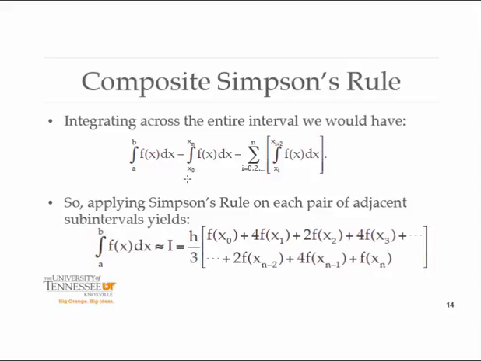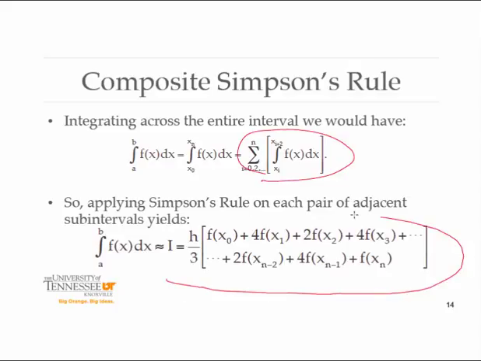AB goes from x1 to xn, and you're going to integrate on each individual subinterval, and if you do the algebra, this is generally what the integral approximation looks like. So you'll have the 2 endpoints, x0 and xn, and then different coefficients on the different interior points, and all that'll be multiplied times h divided by 3.